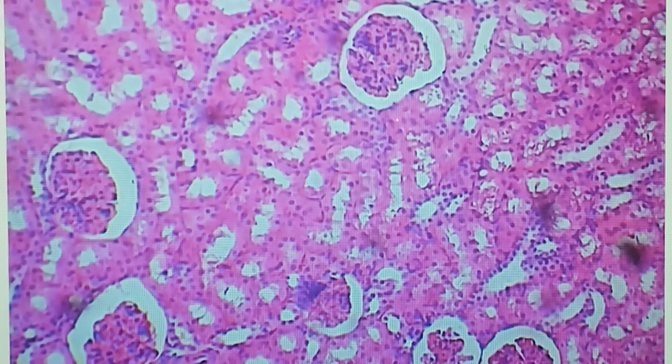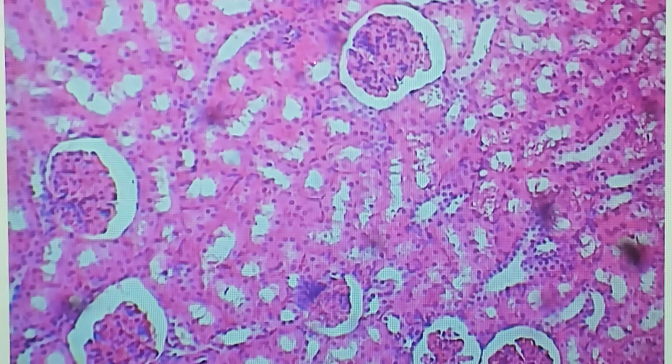And one more important thing you see is that the PCT is darkly stained. The cells have a round nucleus. The lumen is cloudy, not very clearly seen because it is covered by the brush border or the microvilli coming out from the apical surface of these cells.